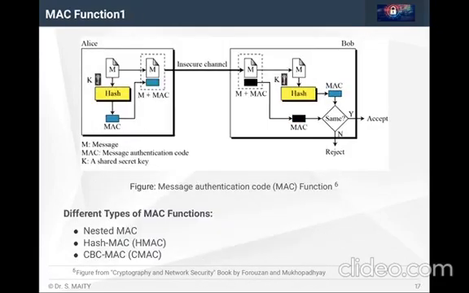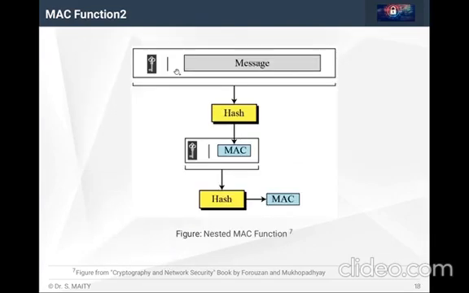Now, there are different types of MAC. One is known as nested MAC, one is called hash MAC or HMAC in short, and another is CBC MAC or CMAC. This is nested MAC, which is the simplest one. I have already explained it.